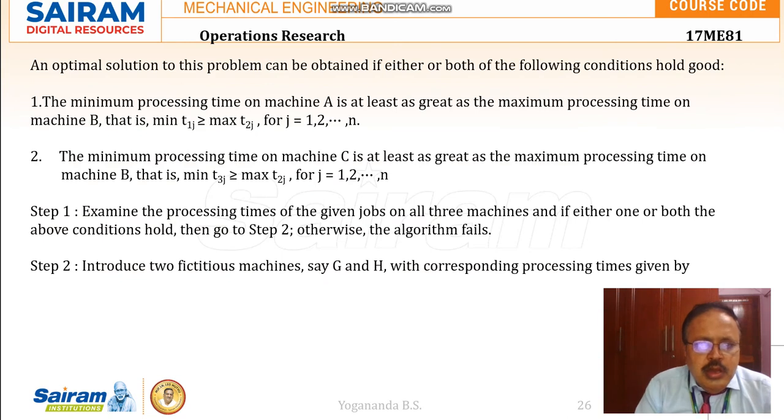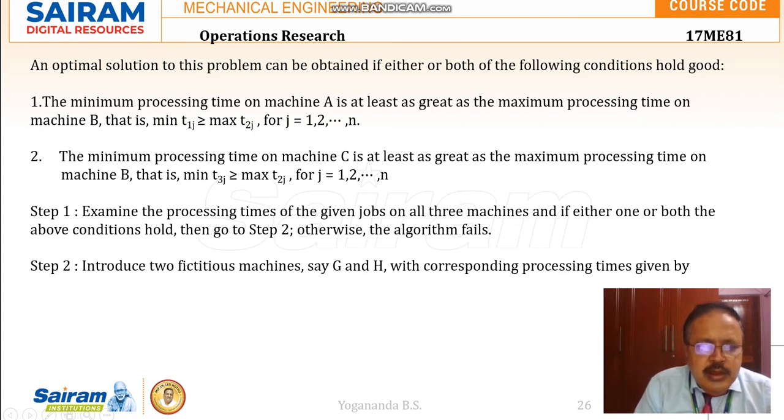So how to proceed? The optimal solution will be obtained by taking the minimum processing time on machine A, minimum of T1j is greater than or equal to maximum of T2j for j equal to 1 to n.